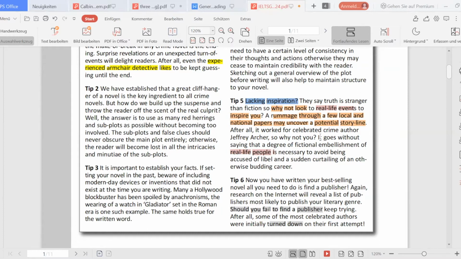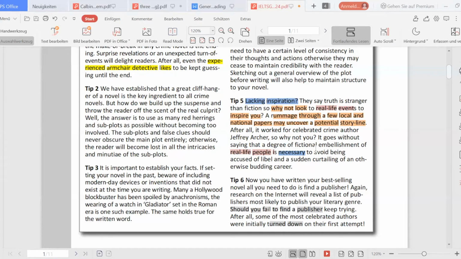The sentence says, it goes without saying that a degree of fictional embellishment of real life people is necessary to avoid being accused of libel and sudden curtailing of an otherwise budding career. Okay, so this sentence departs from the previous one and says that, okay, in cases where you lack inspiration, use real life events and people, however, just embellish them.